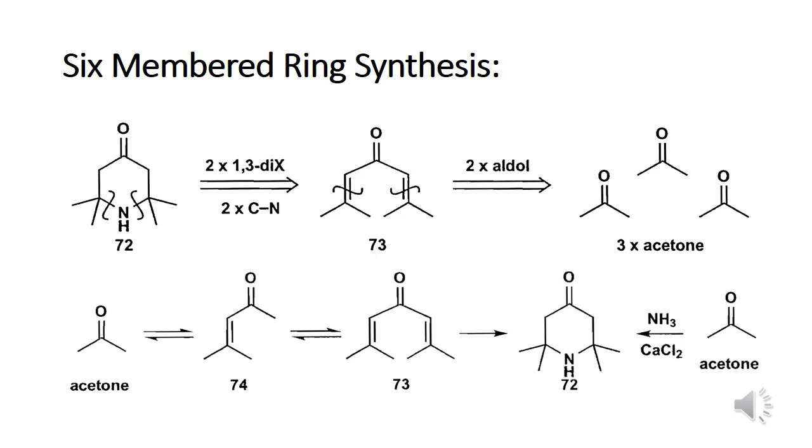The yield is 48%, but the excess acetone is recovered in the isolation, and the yield is converted to up to 70%. If that is taken into account, this is going to be a very cheap and useful process to obtain the piperidone 72.